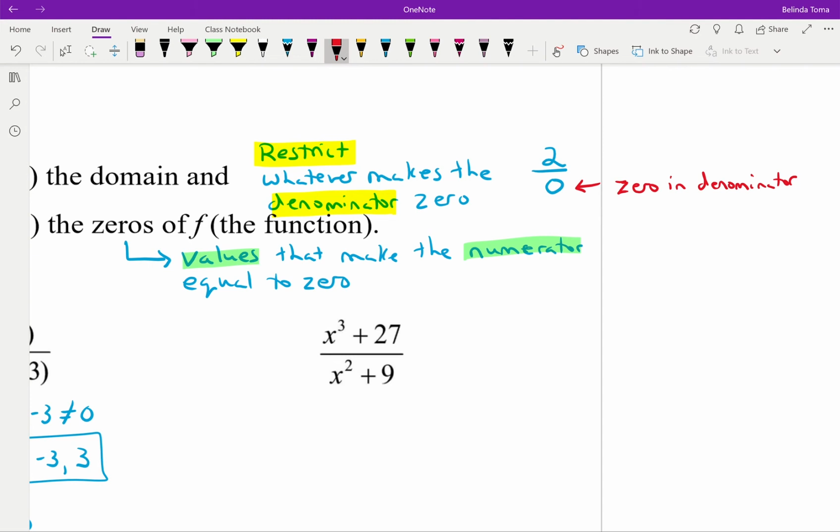Versus if we have 0 in the numerator, if we have 0 over 2, and I just picked 2 for simplicity's sake, that's still going to be equal to 0. In other words, it's okay to have 0 in the numerator.